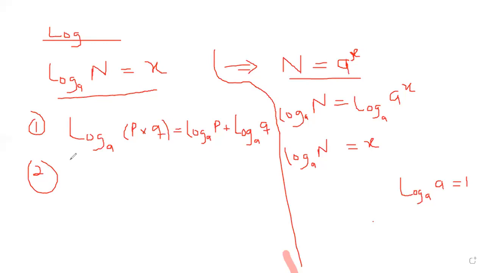The division rule states that log to the base a of p divided by q is going to give us log p to the base a minus log q to the base a.